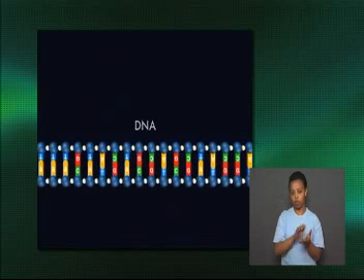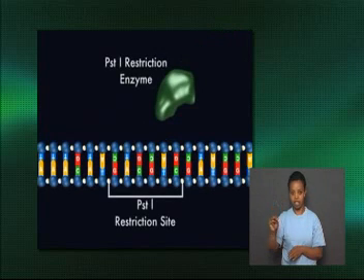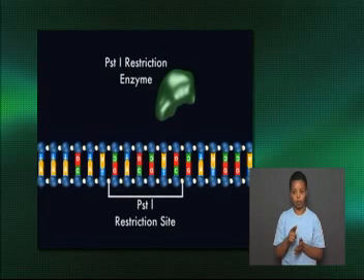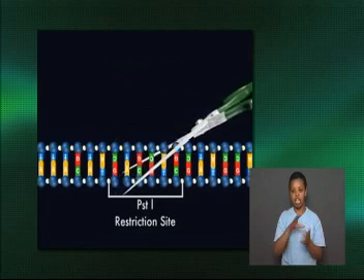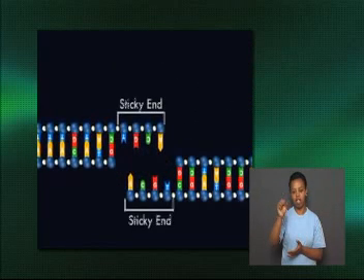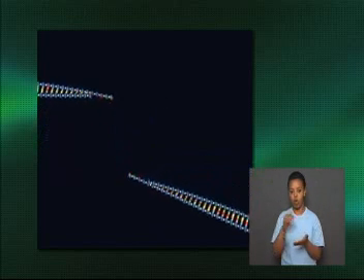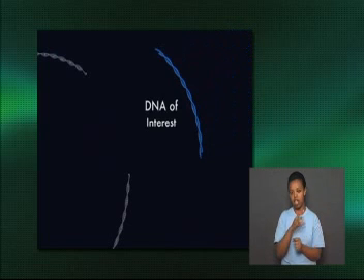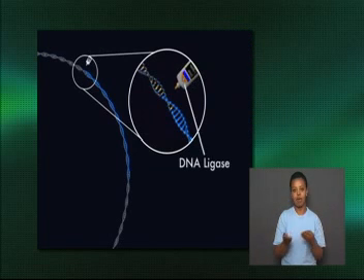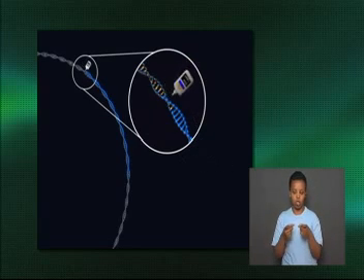The opened up plasmids and the isolated gene are mixed with a DNA ligase enzyme to create recombinant plasmids. Bacteria are incubated with the recombinant plasmids. Some bacteria will take up the plasmids. The bacteria that have taken up the plasmid now contain the gene from the donor cell. This could be a gene controlling the production of human insulin.